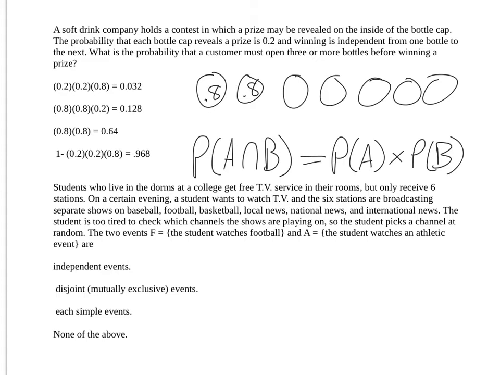That's the probability that a customer wins on the 3rd bottle cap. That's a different thing. This is a customer must open exactly 3 bottles in this one. This one just says, well, didn't win on the first 2, so it's got to be 3 or more, right? That's why this one's the answer.